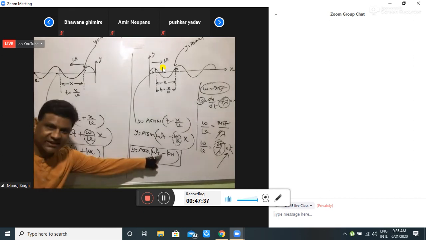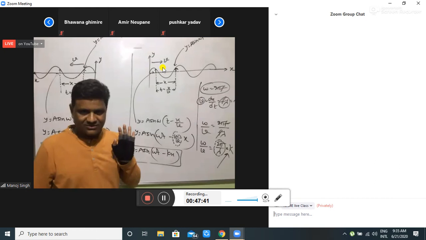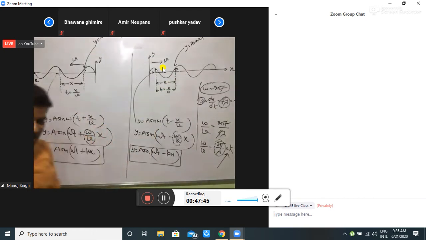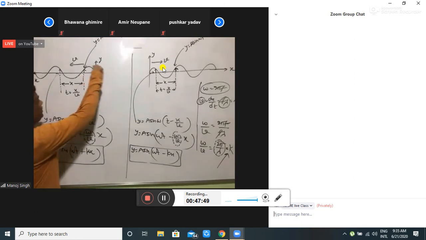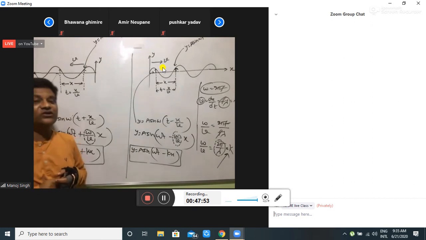Here the negative sign represents that the wave is traveling towards the positive x direction, and here the plus sign represents that the wave is traveling towards the negative x direction.